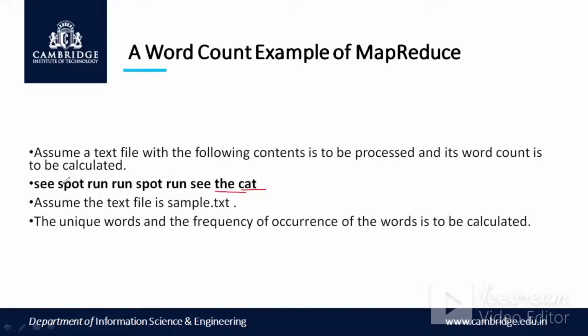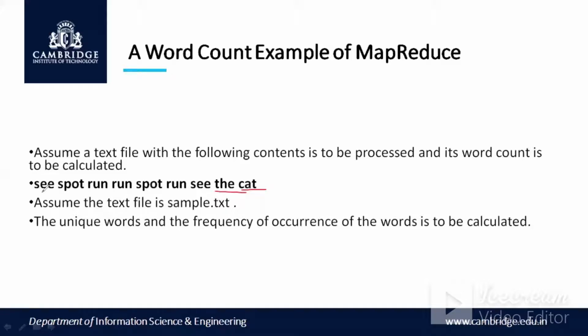So the word count program maps each word with the mapper, and then the shuffler shuffles the key value pairs, the combiner combines the key value pairs, and the reducer is the final step in this MapReduce. It has the aggregated version of all these words.